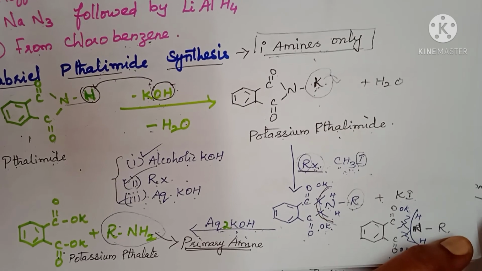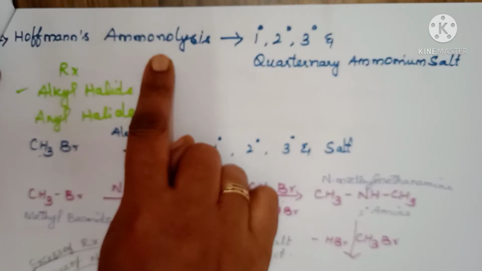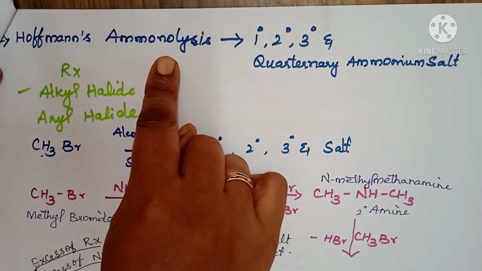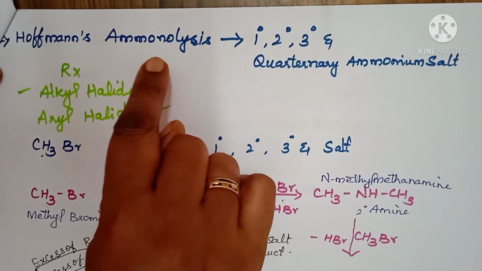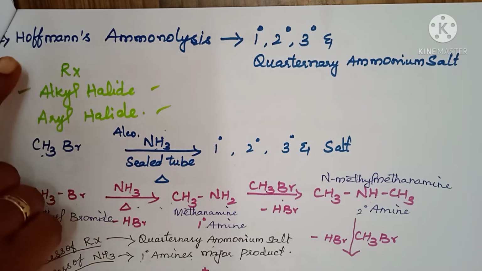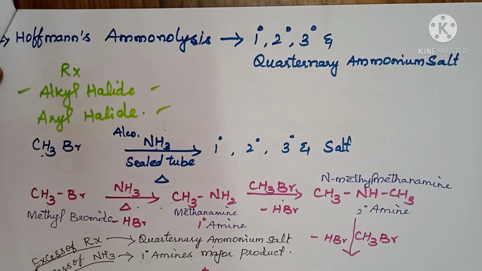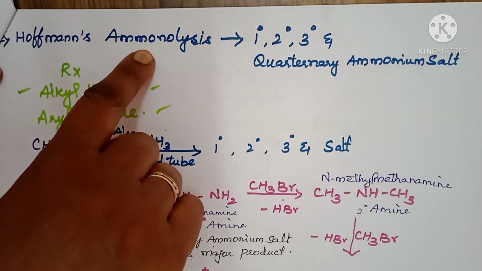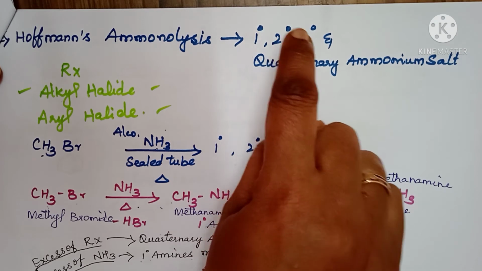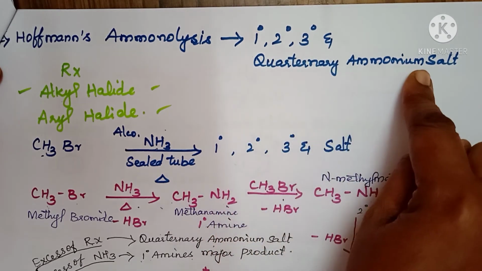Next one, Hoffmann's ammonolysis. Hoffmann's degradation is different. Hoffmann's ammonolysis is also a very important naming reaction. Just the opposite of Gabriel phthalimide synthesis, in this we can gain primary amine, secondary amine, tertiary amine, and quaternary ammonium salt.